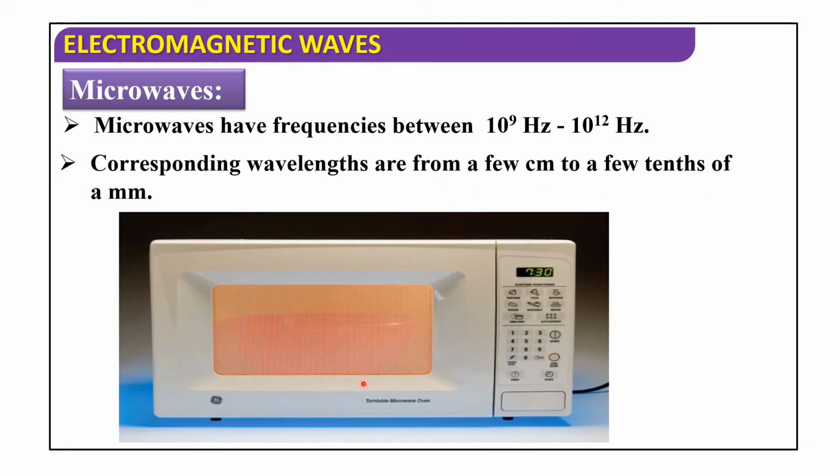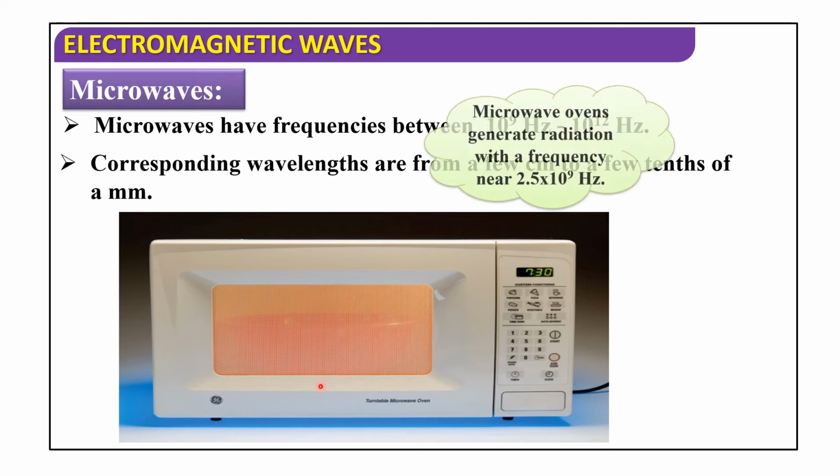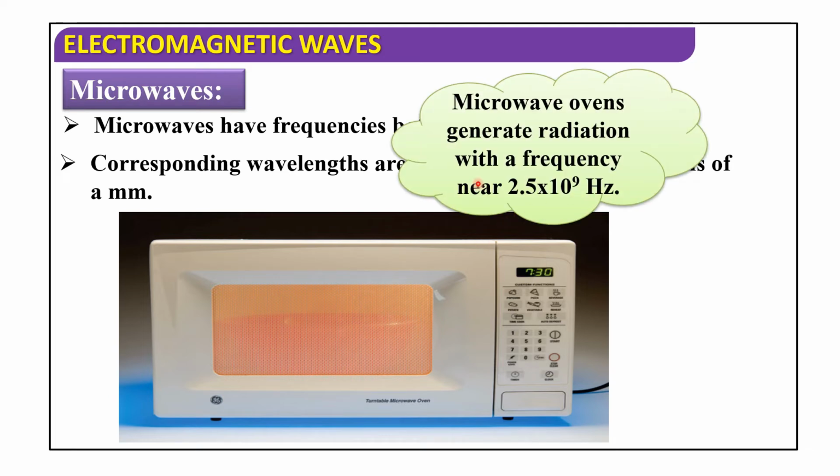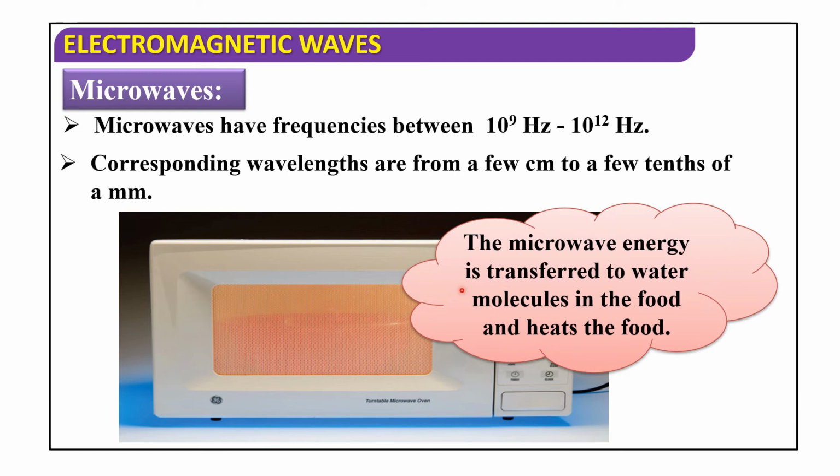This is a microwave oven. Microwave ovens generate radiation with frequency near 2.5 times 10^9 Hz. The microwave energy is transferred to water molecules in the food and heats the food.